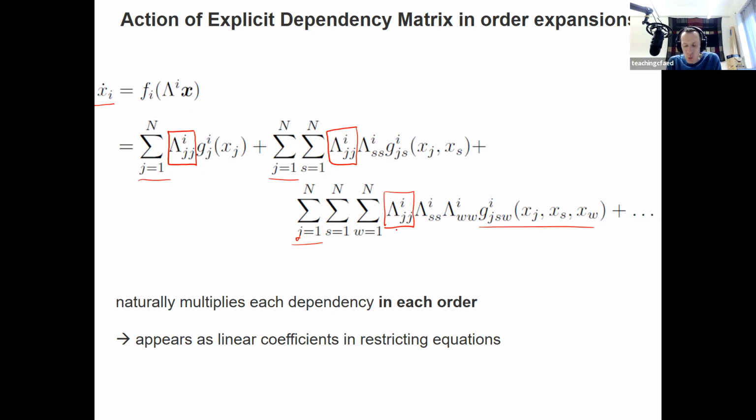So once a variable, say x5, is not in the right-hand side, then lambda i 5 would be 0. And then all of these guys would be 0, right? They need to be 0.